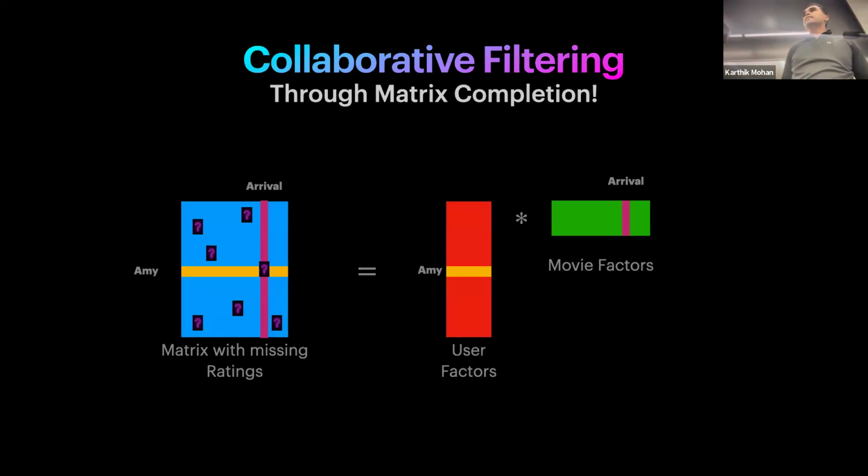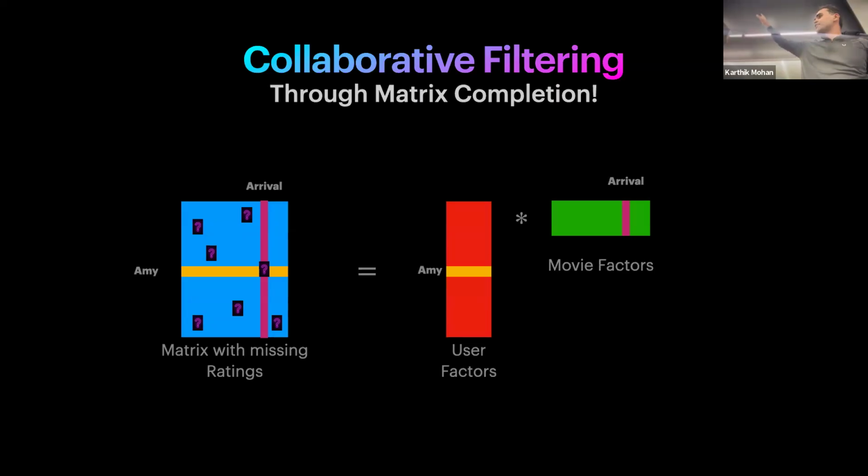So done naively, yes, if you make some assumptions here and there, it'll happen that way. But one thing I forgot to mention, or I was about to mention, is that you don't know the user factors and movie factors ahead of time, right? These are the parameters of the model that you're learning. So the parameters are all listed or spelled out here.